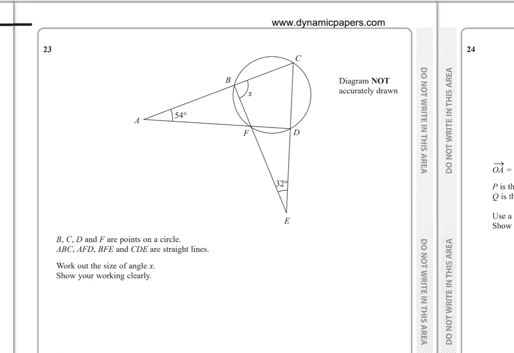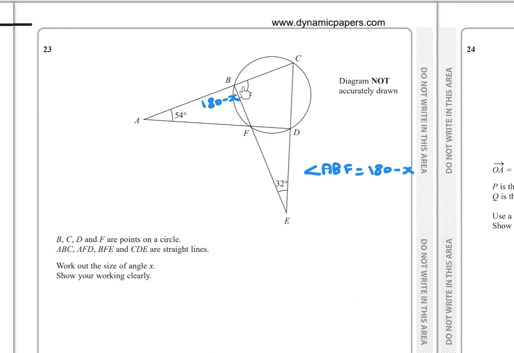To find x, if this angle is x, we can find the adjacent, which is 180 minus x. So now we can write that angle ABF equals 180 minus x. So this angle is 180 minus x.